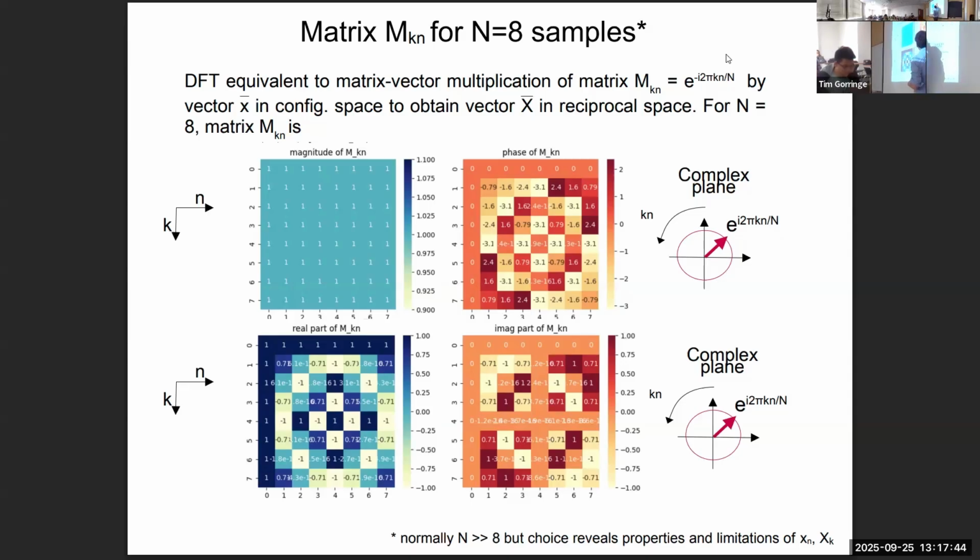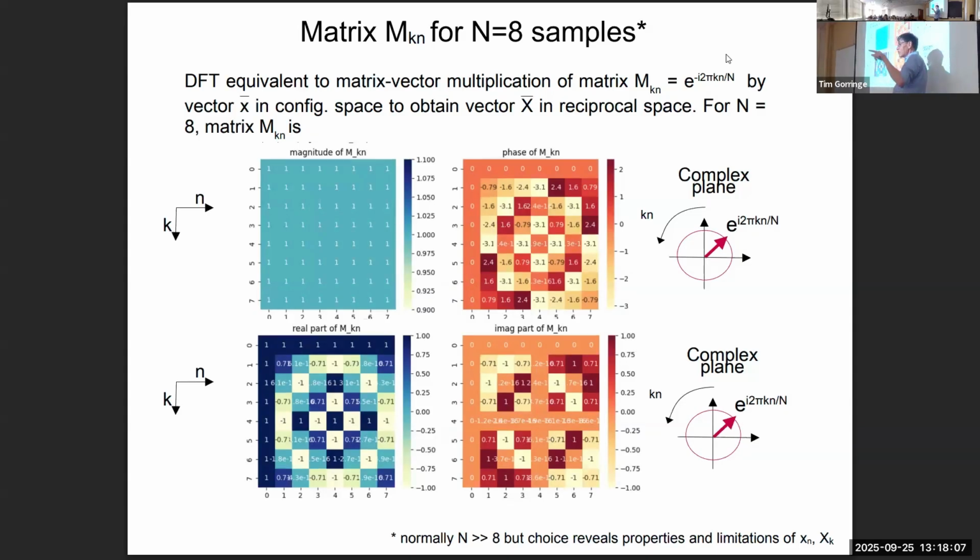So this is the phase, the complex phase of these complex numbers that are the elements, and you see that phase is changing from 0 through to pi back towards 0.